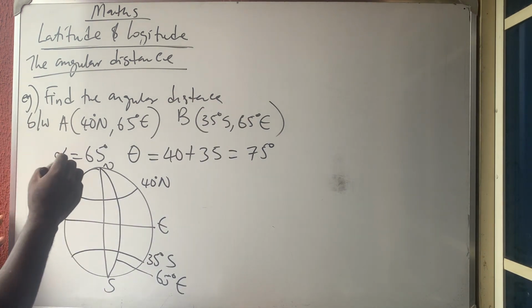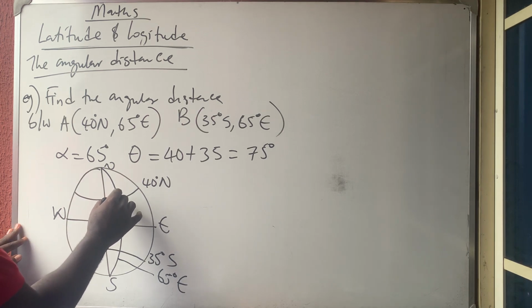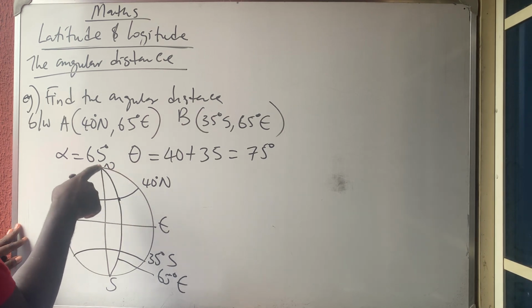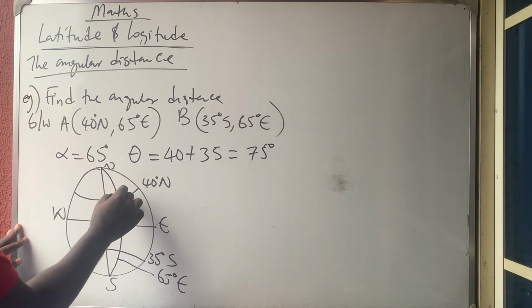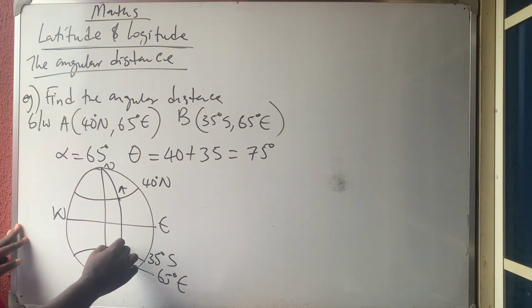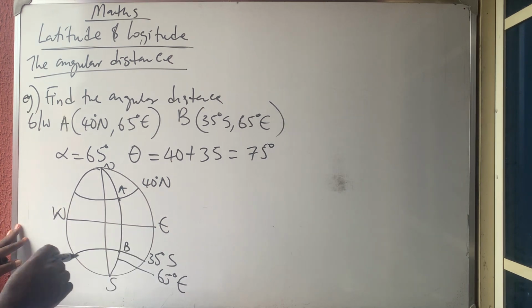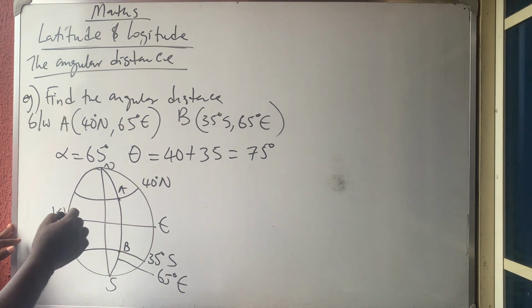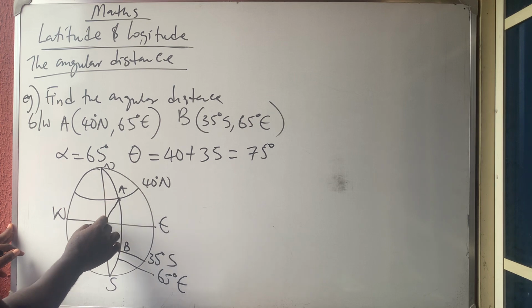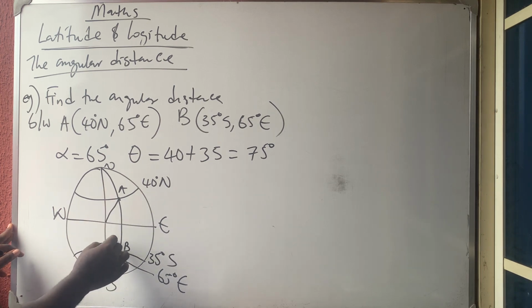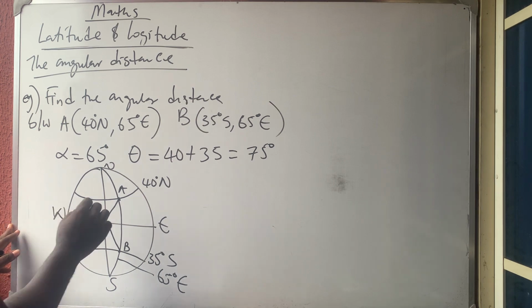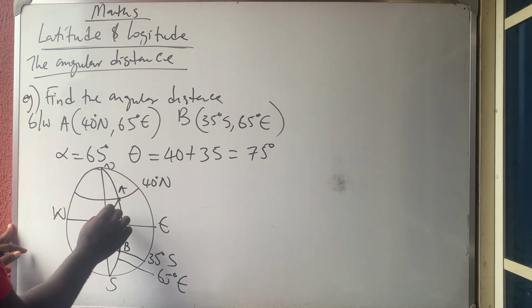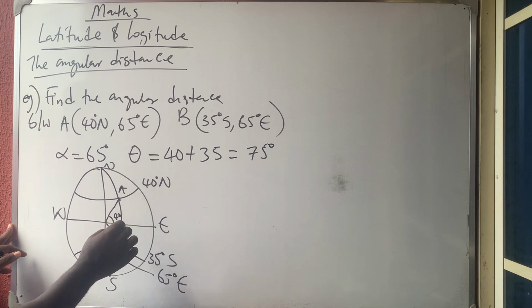The point where they meet is your A and B. This is the meeting point of the north and the east, so this is my A, and this is the meeting point of the other one, my B. Now the angle both of them form is at the center, so let us draw to the center. Here is your 40, while here is your 35.